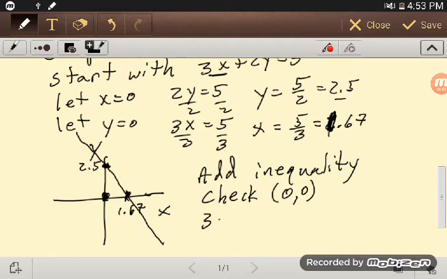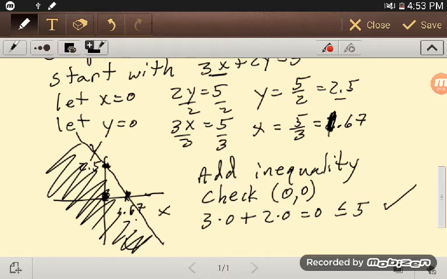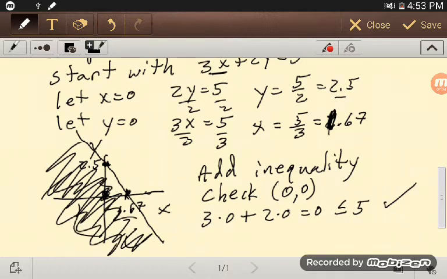And I see that 3 times 0 plus 2 times 0 is equal to 0, which is indeed less than or equal to 5, which is what I need. So that's good. That means everything on this side of that line fits my inequality. And so there I have just drawn a picture of what that inequality means in terms of points. So any of these points I pick should work.